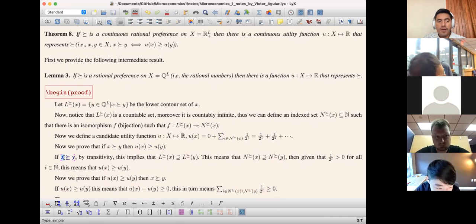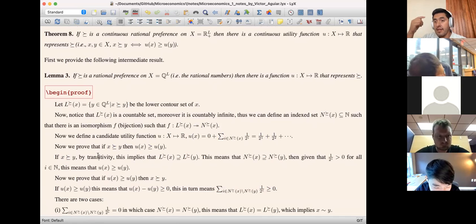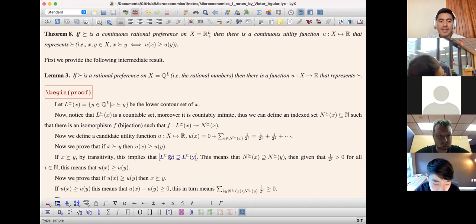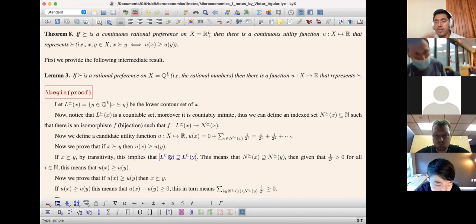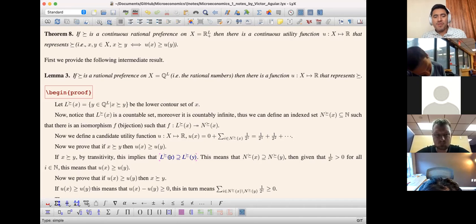If x is better than y, then remember that I'm assuming that the preference relation I'm using is transitive. So by transitivity, this implies that the lower contour set of x is a superset, that's the symbol I'm using here, so it contains the set on the right-hand side, the lower contour set of the item y. Do you understand why transitivity? Remember we did this proof in the summer.